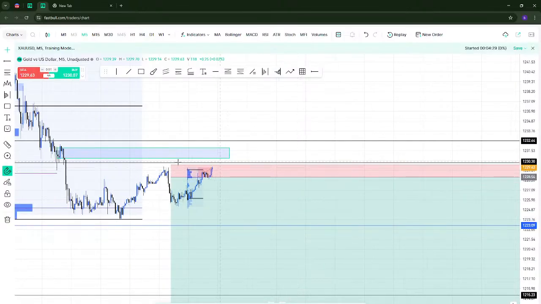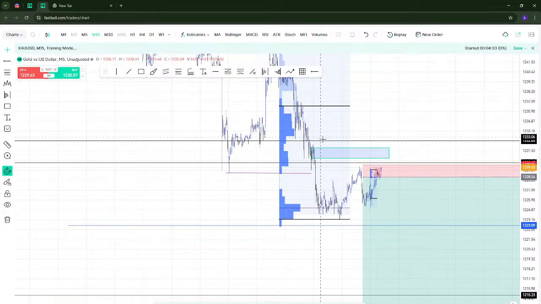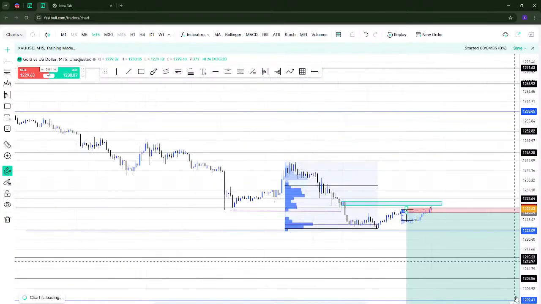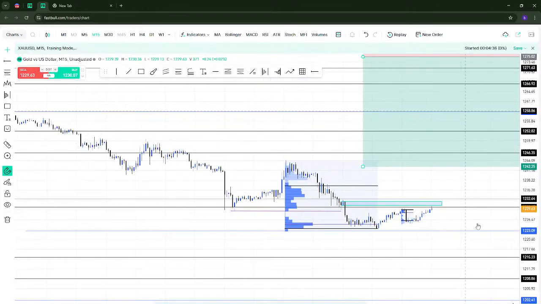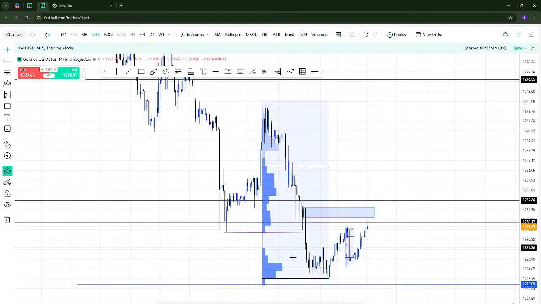See guys, that's why I'm telling you. You can expect now. You can see this market, you can see now the market reaction from the wicks. It has a tendency, sometimes it does this.